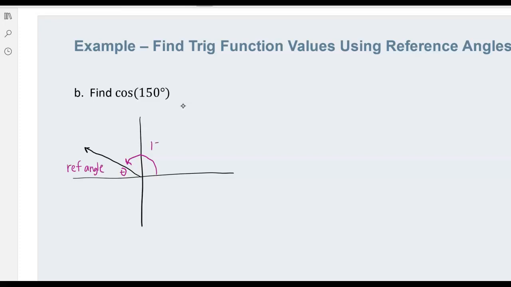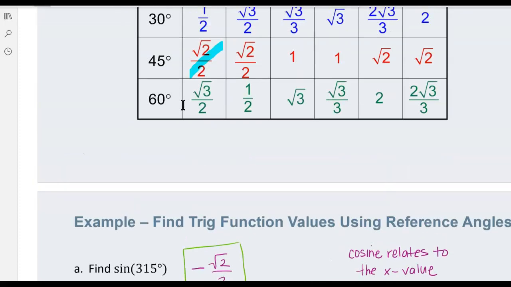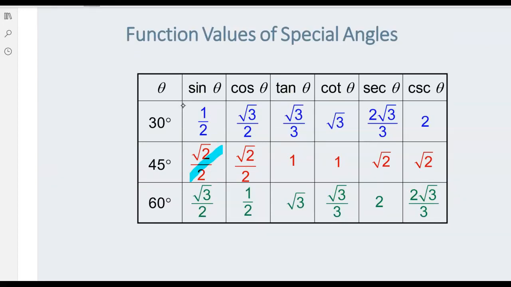And since that's 150 this way, this is going to be 30 degrees, right? So I'm using 30 degrees as my reference. I'm going to go back up to my chart and look at the cosine of 30 degrees. So I'm looking at this one, square root 3 over 2.